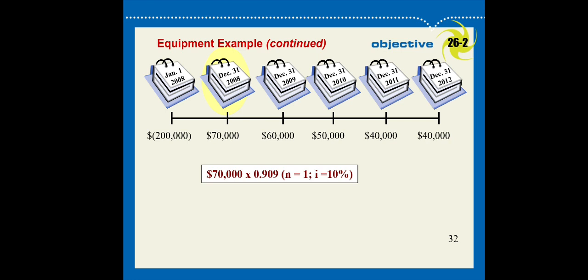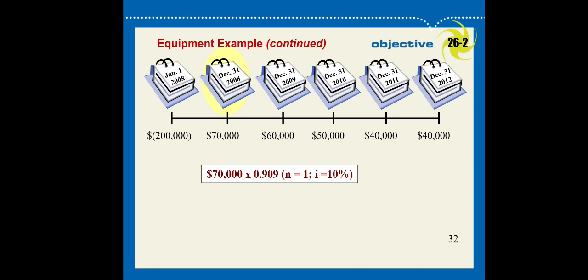That's why you see in this slide, January 1st, 2008, there is a negative cash flow. Negative cash flow means cash out $200,000. On that day, if the business purchases the equipment, it has to pay $200,000 cash.